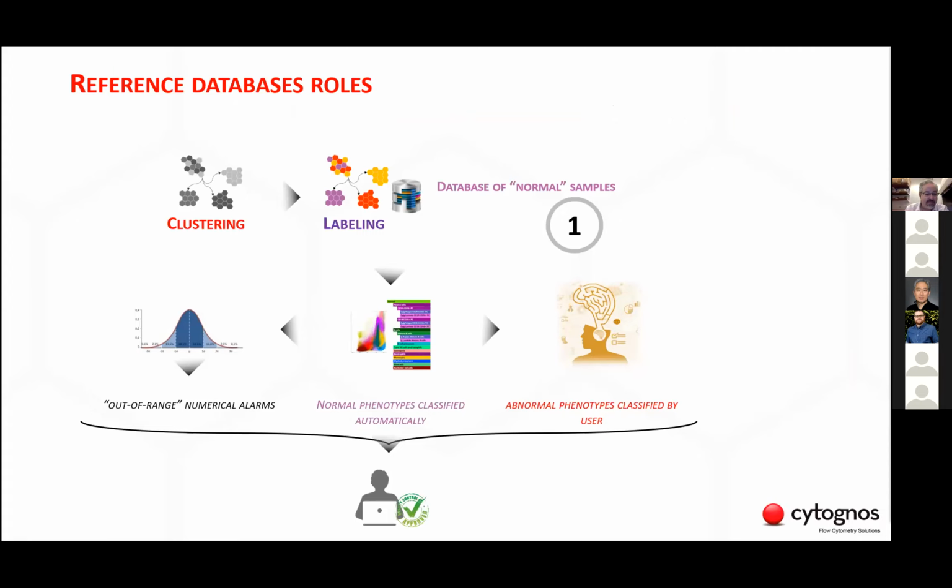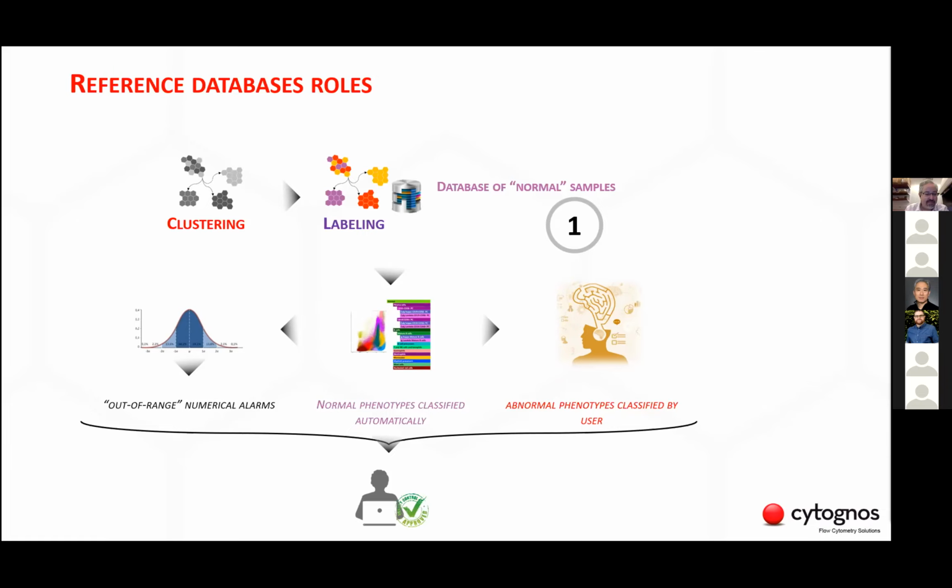For example, if we want to characterize a peripheral blood sample, we can automatically identify and label the normal cell populations in the blood, and leave to the user the decision about those populations or those subsets that do not have a known phenotype or a normal phenotype. So, for example, if we are looking at a sample with lymphocytosis, we can leave to the user to decide whether it is something reactive or something clonal.